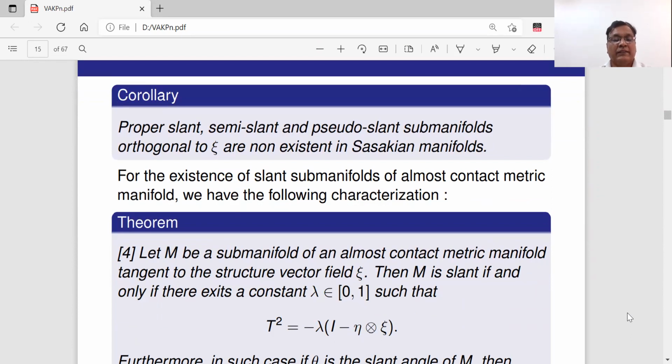So under what condition is a distribution a slant distribution on a submanifold? There is a well-known theorem which says that if M is a submanifold of an almost contact metric manifold, which is tangent to the structure vector field xi, then M is slant if and only if the following condition is satisfied.